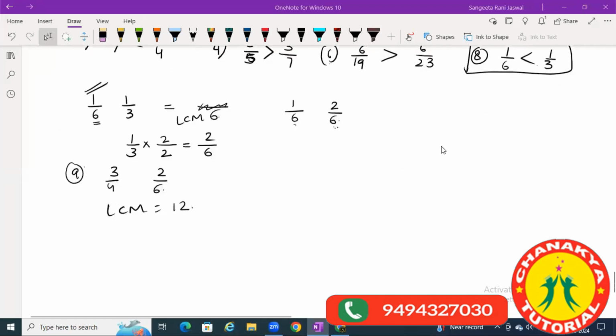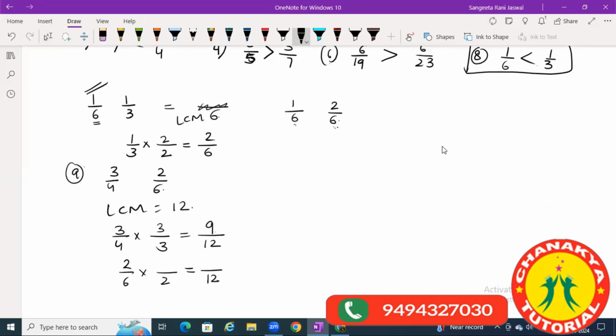Okay, so the LCM is 12 now. So what will you do? You will make the denominators equal to 12. Now both these denominators have to be changed to 12. So I'll write 3 and 3, both in numerator and denominator. 9 by 12. And this one also, 2 by 6, I have to make it 12. So I'll multiply 2 by 2 in the numerator and denominator, like this.